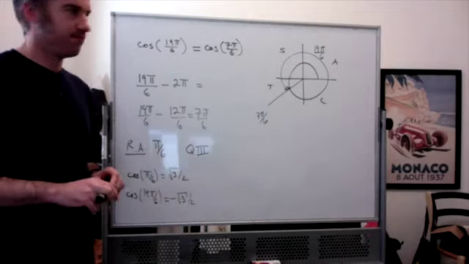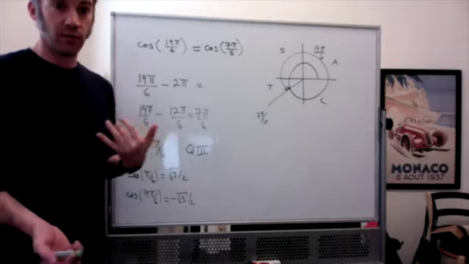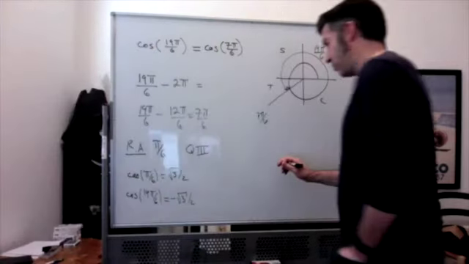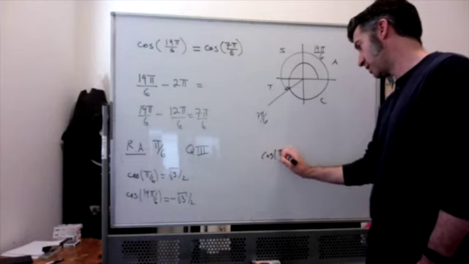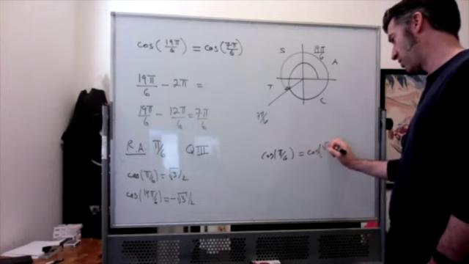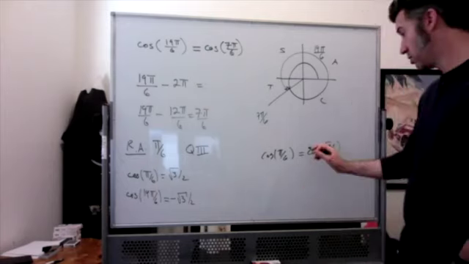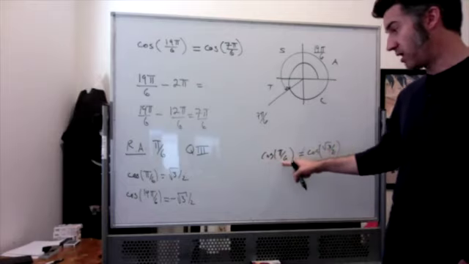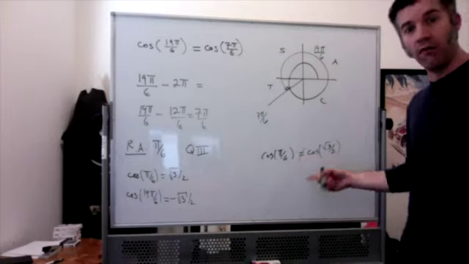Something I've seen a few of you do that I really want to prevent you from doing in the future is I've seen a few people write something like cosine of pi over 6 is equal to cosine of the square root of 3 over 2, which is not true. When you're finding cosine of an angle, you just get the number. It's not equal to cosine of the number.